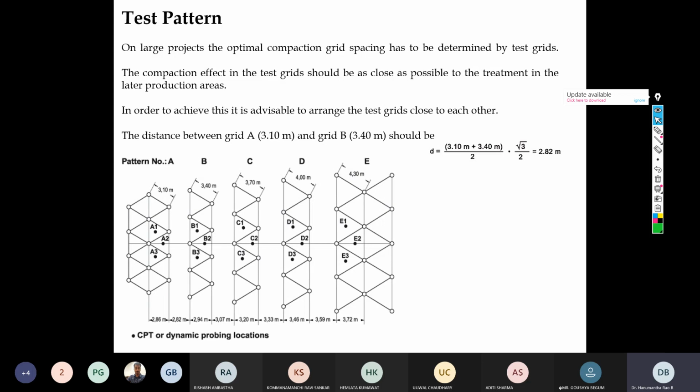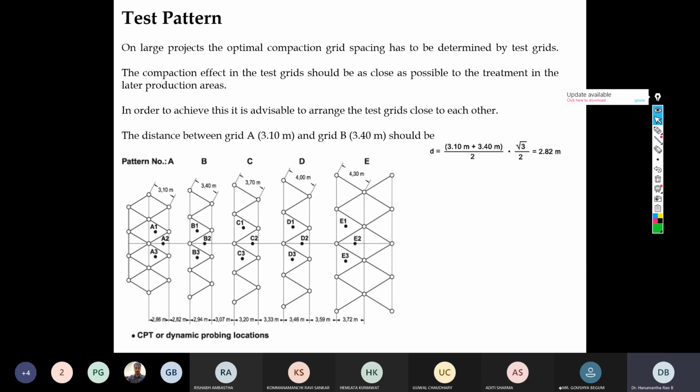Now another important design parameter is the test pattern. What kind of test pattern shall we select so that the whole of the ground is equally improved? When you go for the vibroflotation technique, a couple of patterns have been shown here, but once you suggest a particular pattern, it is required to have some kind of test section to affirm the same thing.